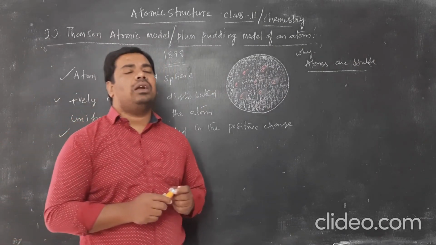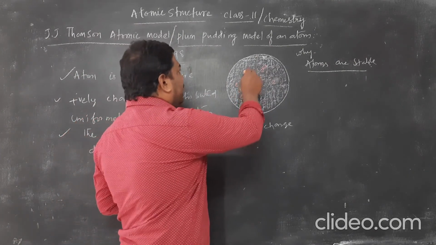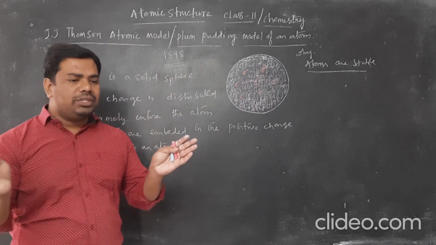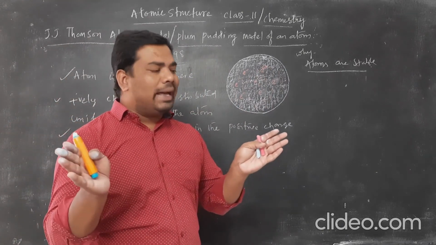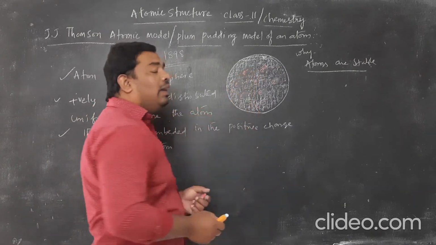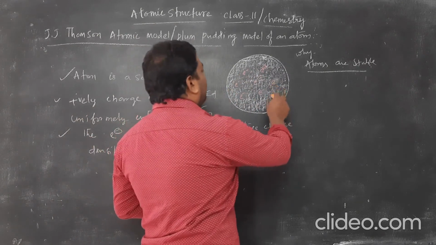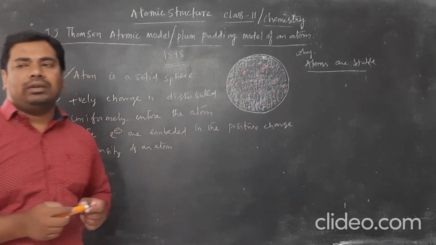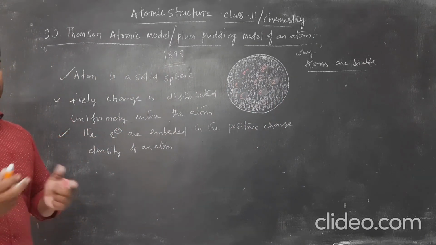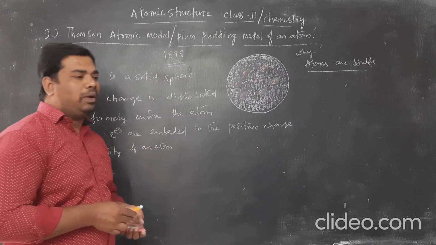When negatively charged particles are crowded in a small volume, these electrons may repel each other. That's why the atomic model is not accurate. Further experiments came out, that is the Rutherford gold foil experiment.